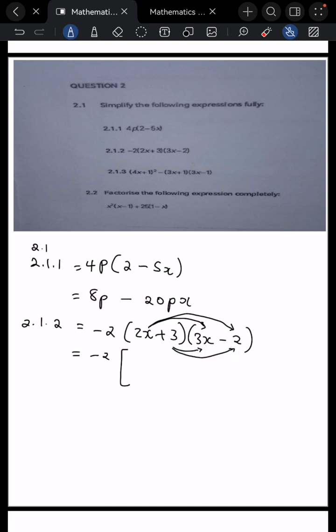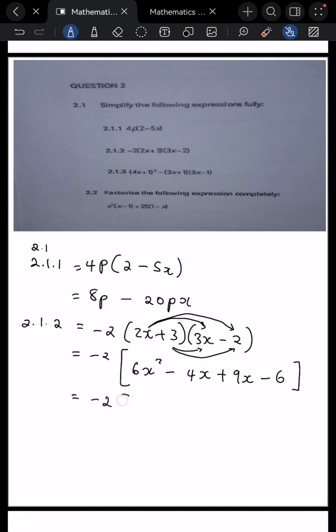So 2x times 3x is going to be 6x squared. 2x times negative 2 is going to be minus 4x. 3 times 3x is going to be plus 9x. And then 3 times negative 2 is going to be minus 6.